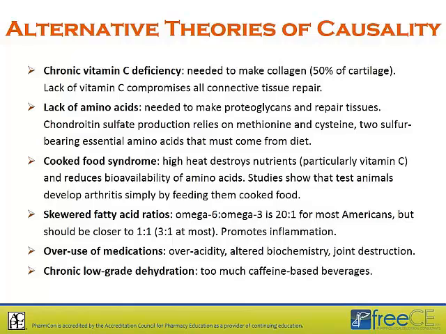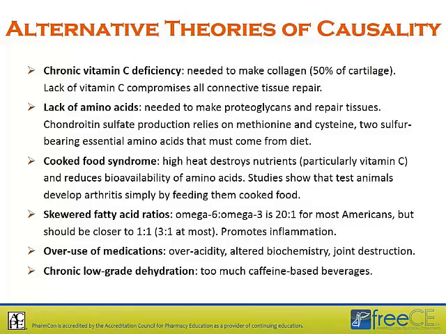And of course, vitamin C is needed to make collagen, the elastic-like compound in all connective tissue. In fact, it comprises about 50% of cartilage. Therefore, vitamin C is needed to repair cartilage in all connective tissues. And perhaps we are not getting enough.